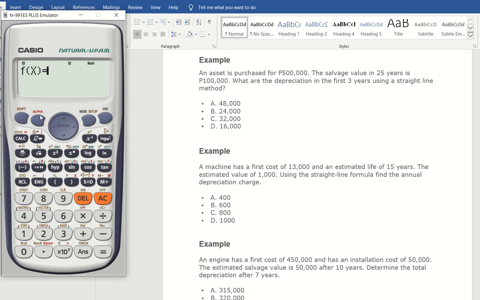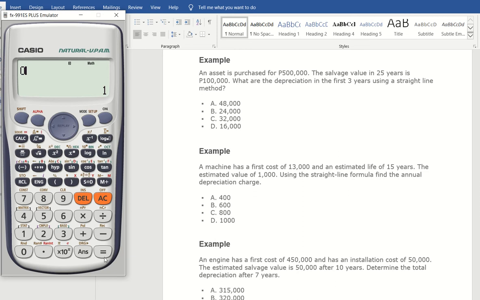So again, alpha A, which is the cost, minus alpha B, which is the cost minus the salvage value divided by the years. Then alpha X to get the value. Hit equals. Sorry, it's asking for the annual depreciation charge. So the first year.